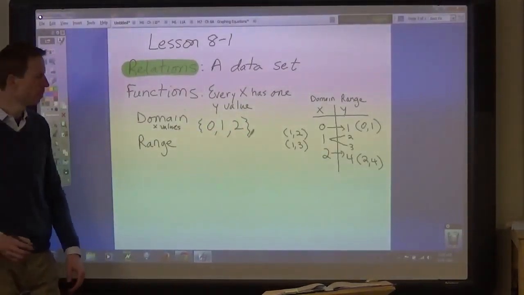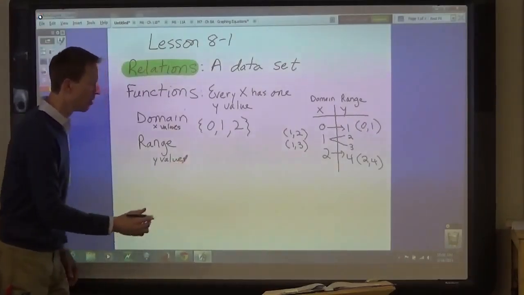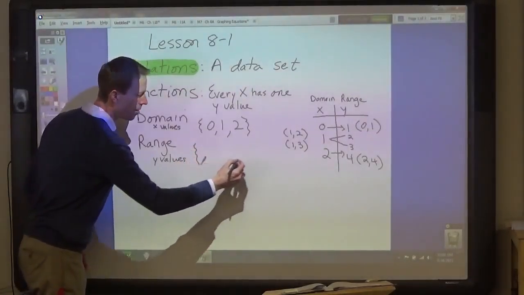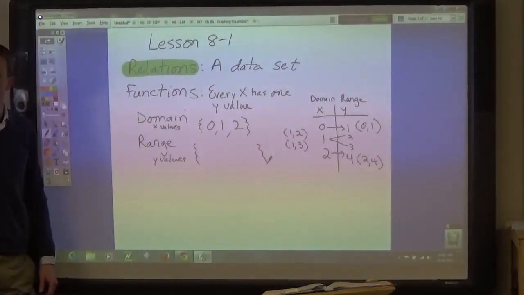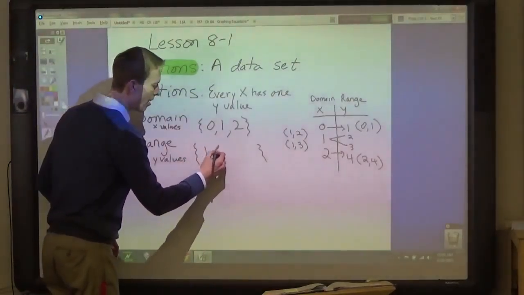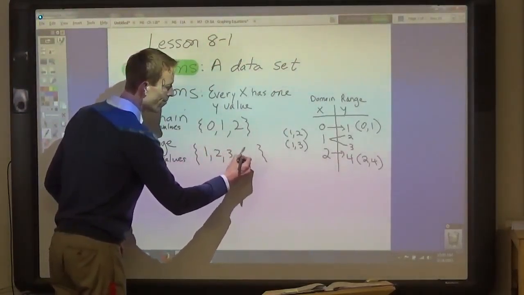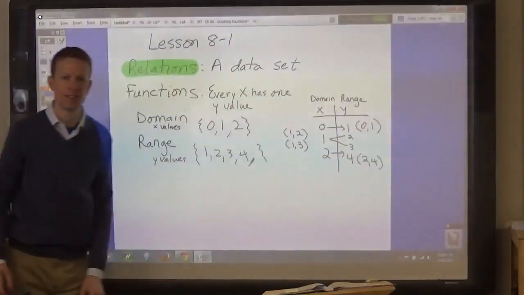And if it said list the range, then we would list the y values. So in brackets, what numbers would we list? 1, 2, 3, 4. Good. These are all of the y values, right?